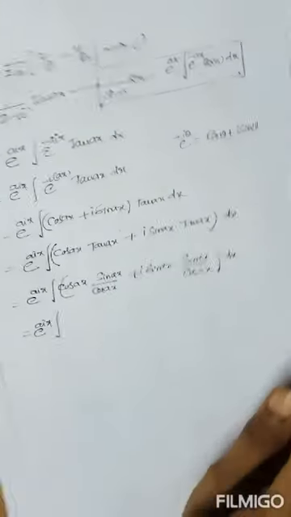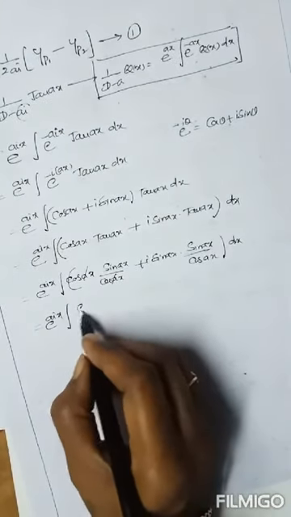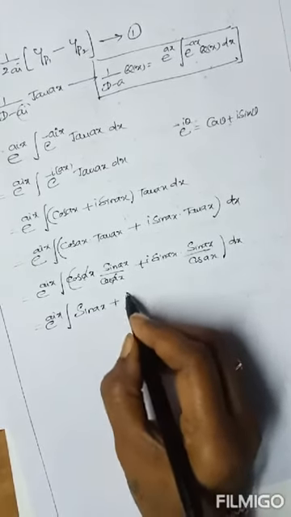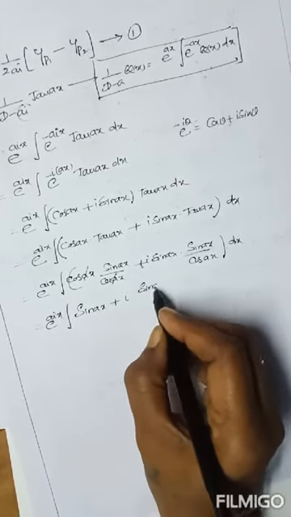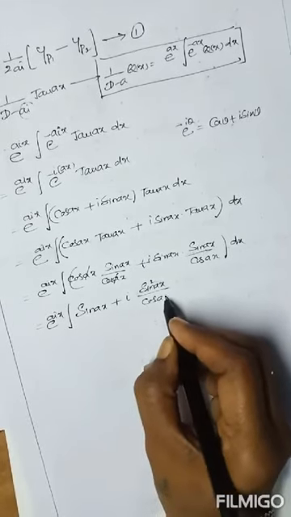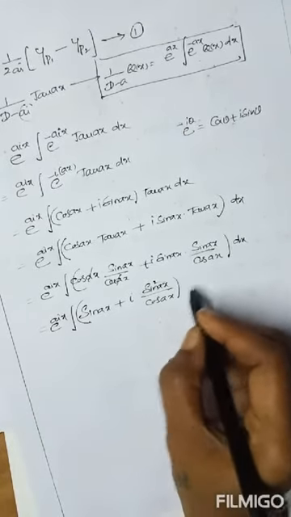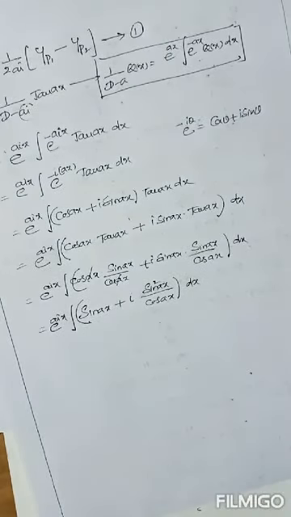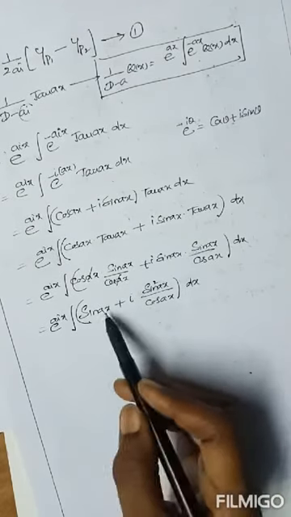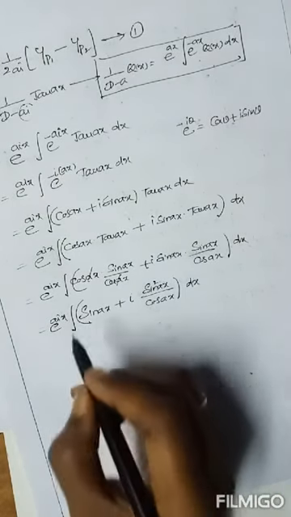Here these two cos get cancelled, leaving sin ax plus i sin square ax by cos ax into dx. Under integration there are two terms with the plus, so apply integration to each and every term.